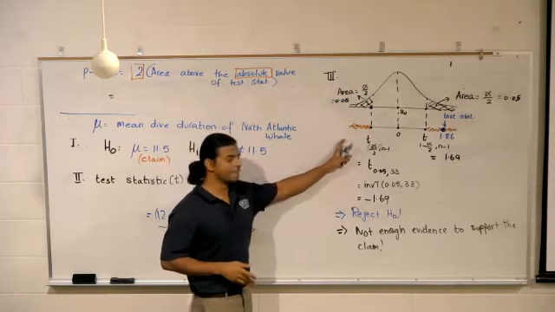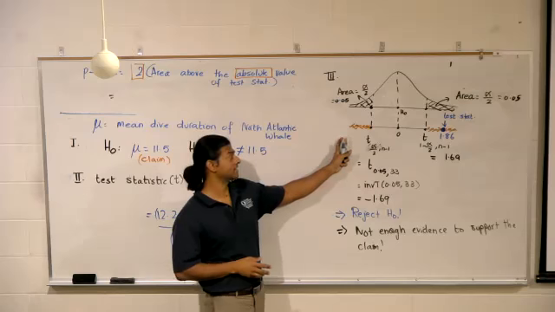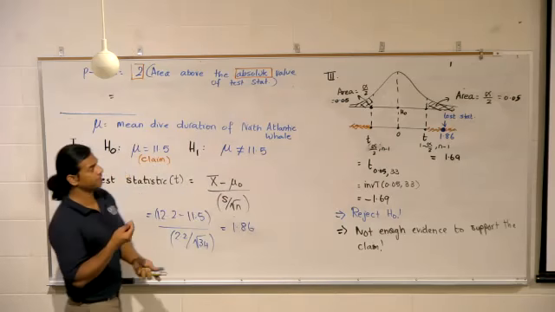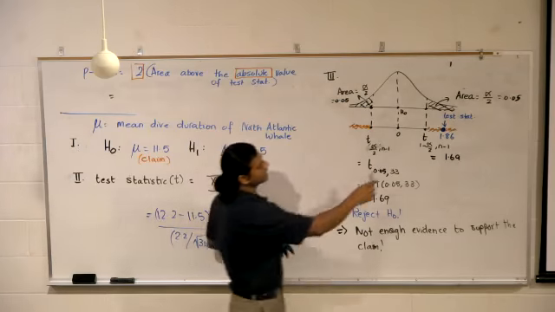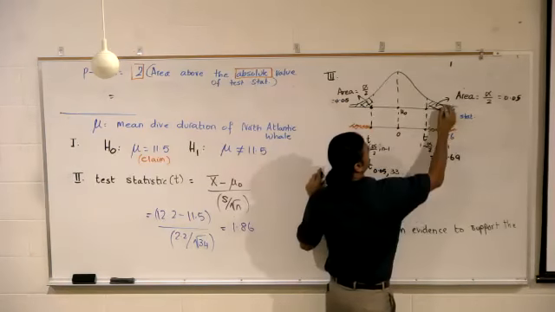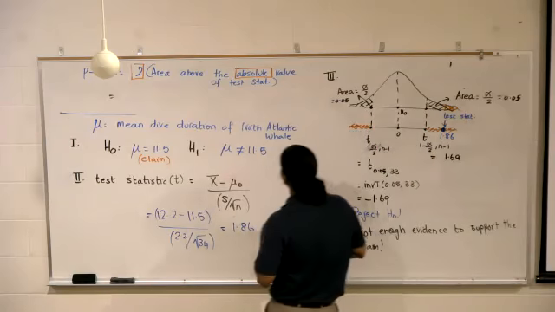But if we have a negative test statistic, we have to take the absolute value and calculate the area to the right. So we start at 1.86, and it is the area above.